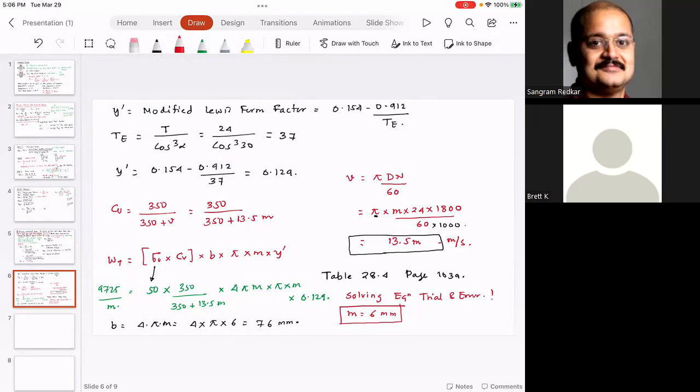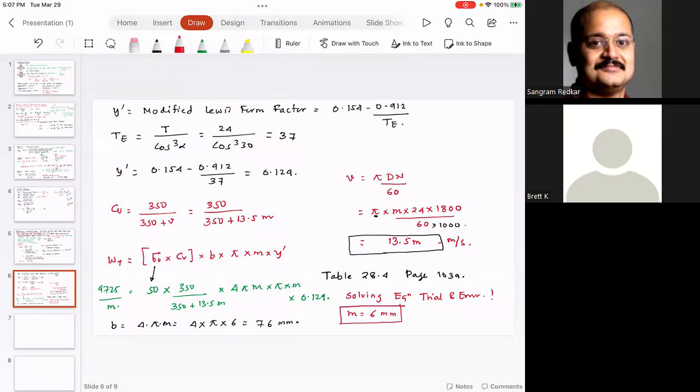Let me quickly check. I need to look at the equation for CV, and see whether they are asking for meters per minute or meters per second. Oh, CV is... no, wait a second. Oh, this is 350. You are absolutely right. If it is 350, then yes, I agree.